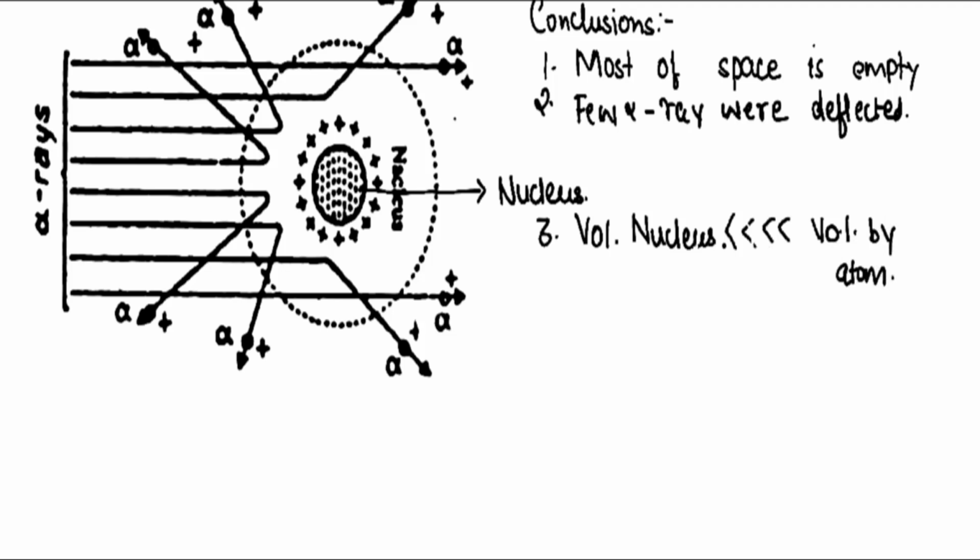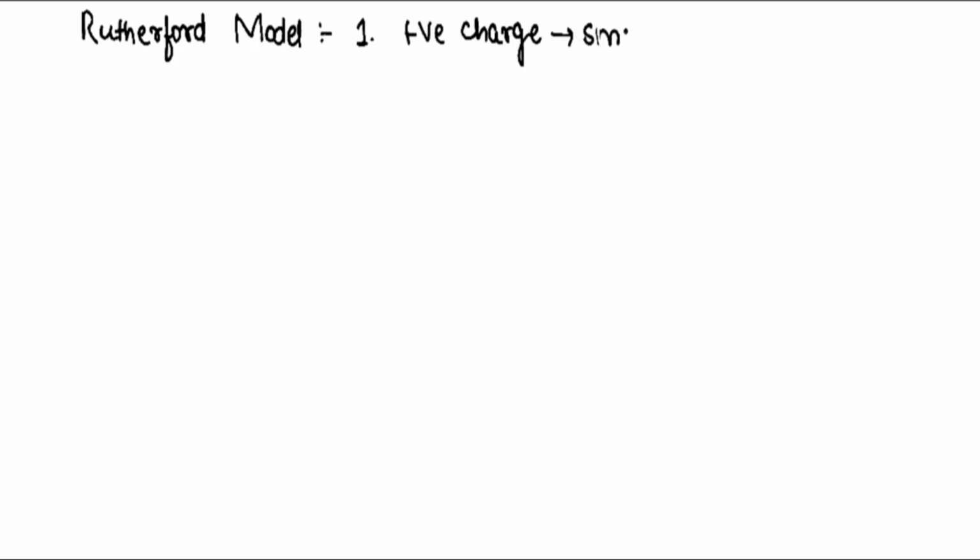Now by these observations and conclusions, the Rutherford model was made and the postulates are, so Rutherford model. According to this, positive charge resides over a mass in a small region, and this small region is called the nucleus.